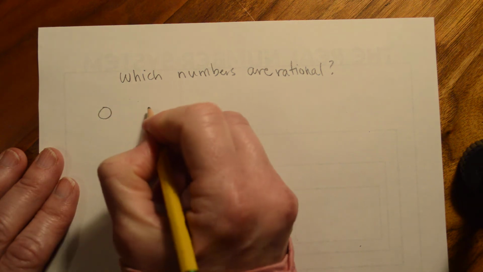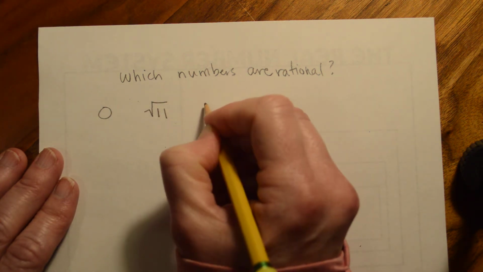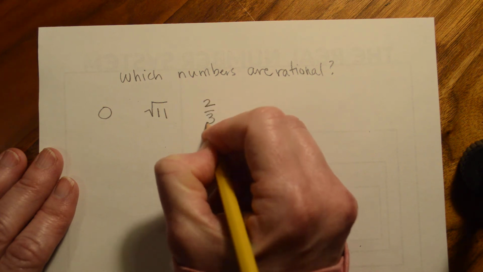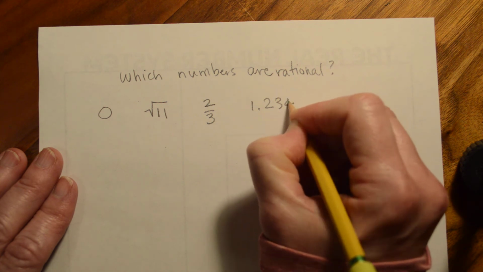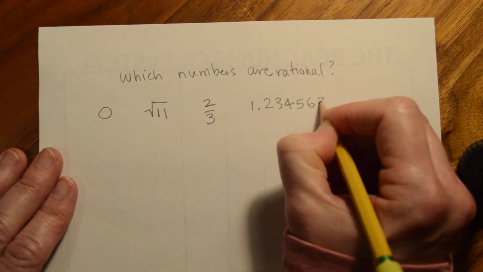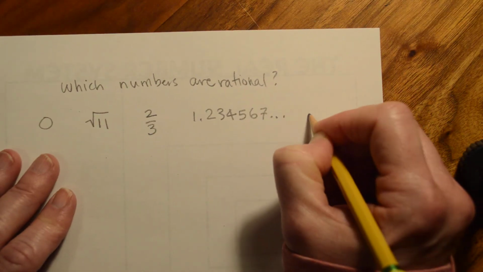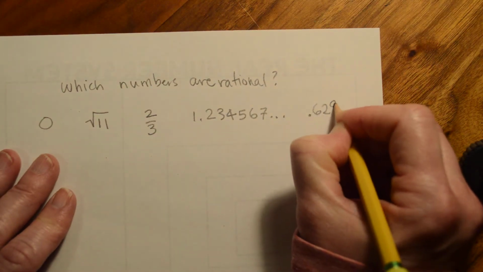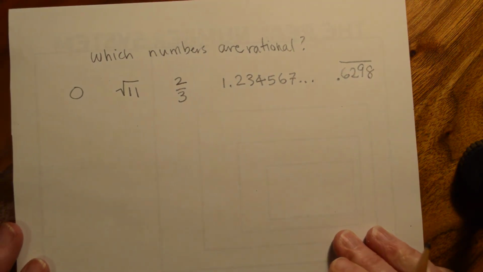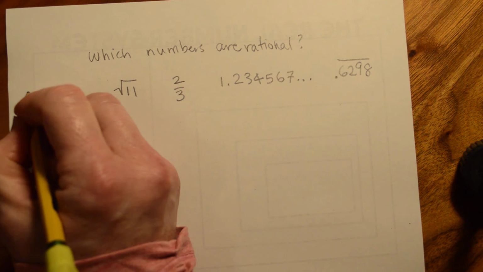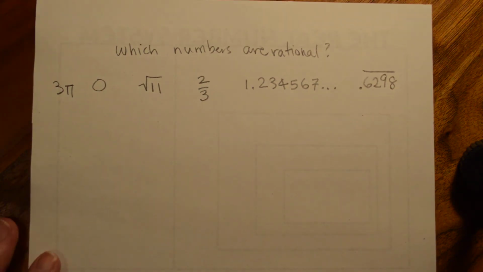So 0, square root of 11, 2/3, 1.234567, 0.6298 repeating, and 3 pi. Okay, so of that set, which are rational numbers?